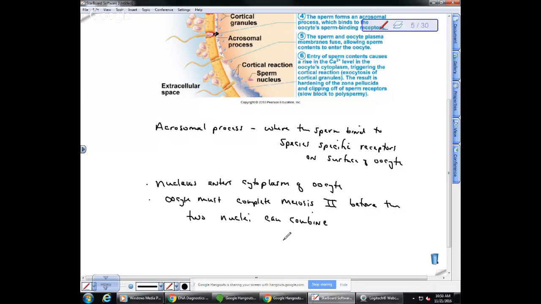So the entering in of the sperm signals the egg to complete meiosis II, and then the two nuclei combine to form a diploid cell.